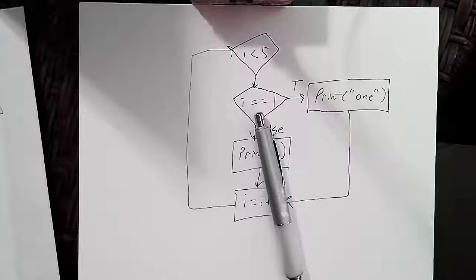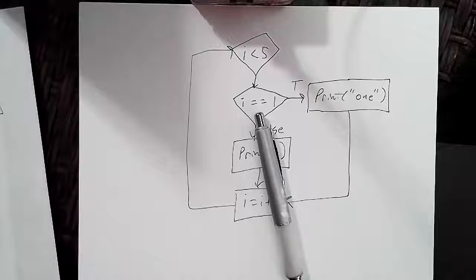The other thing that we can do is we can put another if in here. Or else print I. It says if I equals 1, then print 1.